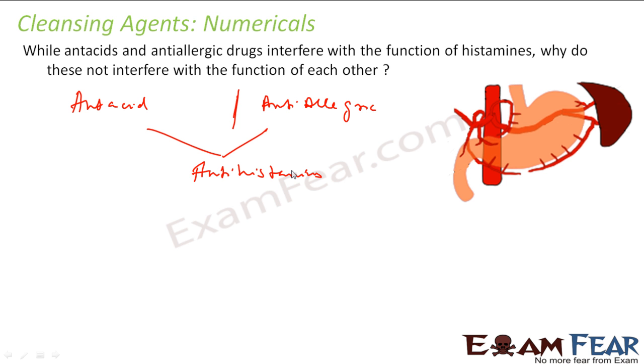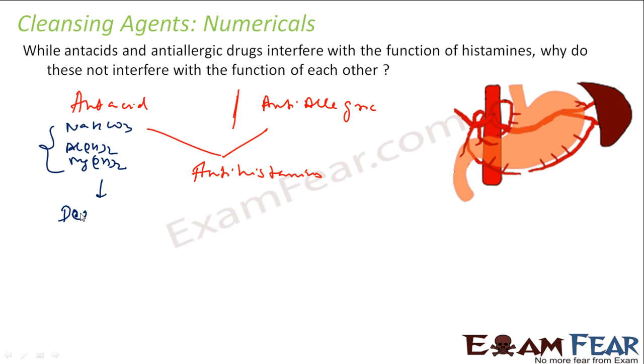Antacids, for example, can be NaHCO3 or Al(OH)3 or Mg(OH)2, right? So these make the whole stomach more basic. They are used to decrease the acidity of the stomach.